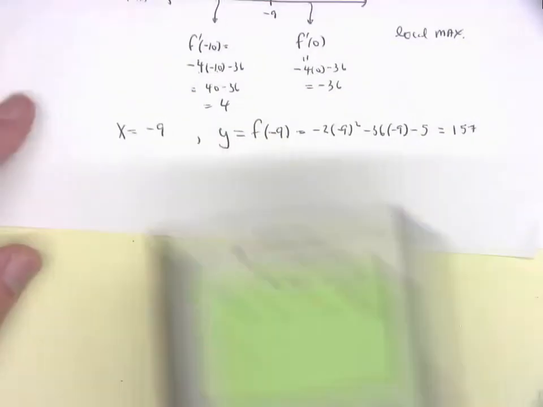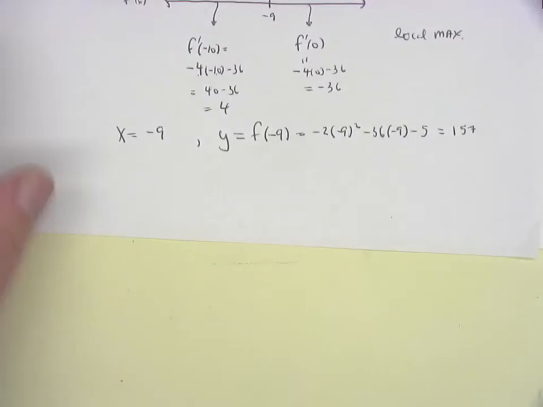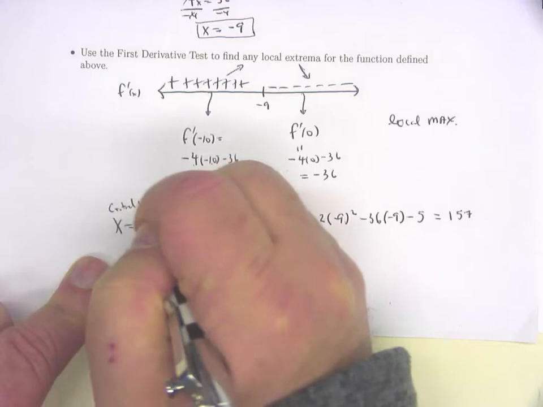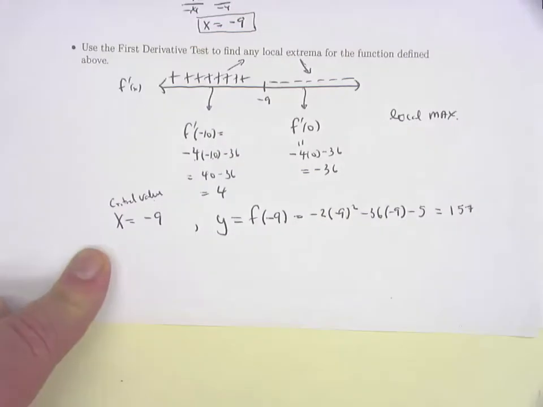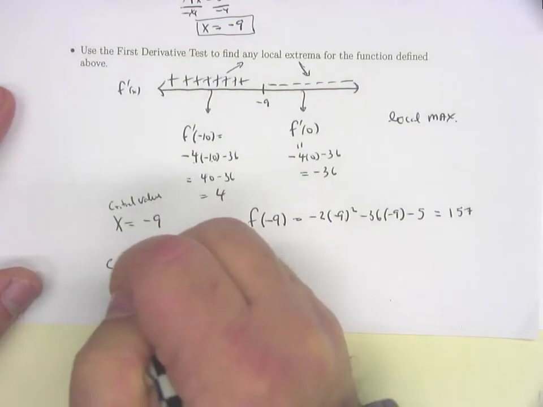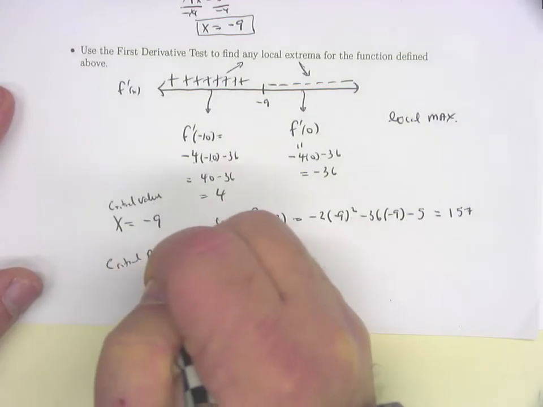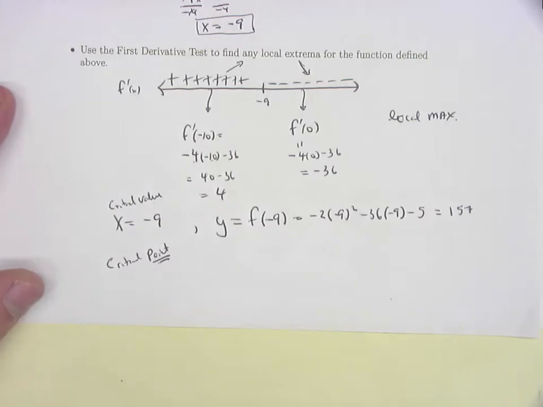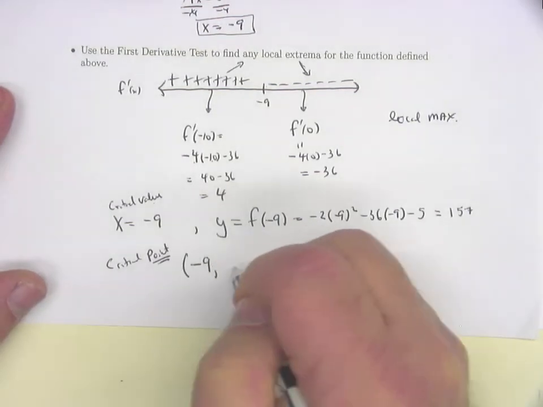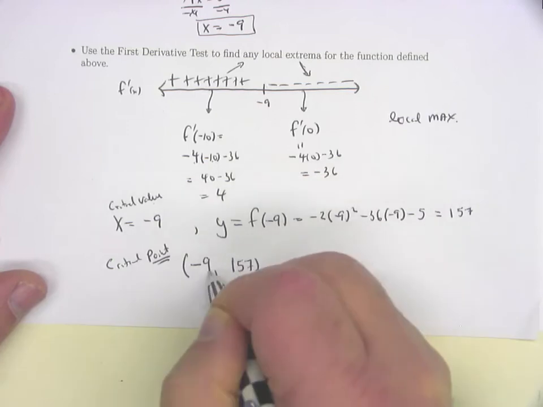So the critical value was x equals negative 9. You with me? If I say the critical point, it requires an x and a y coordinate. The point would be negative 9 comma 157. You have to take negative 9 and go back and plug it into the original equation. Okay?